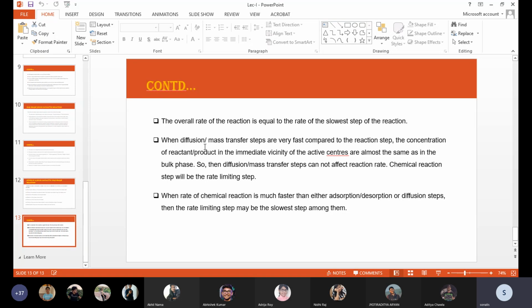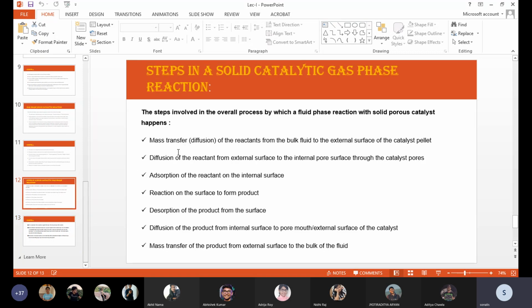Then look, just concentrate on this. When diffusion or mass transfer steps are very fast, among all these steps, the mass transfer steps are very fast. Then what will happen? As the mass transfer step is fast, we can consider that the concentration in the bulk phase is almost equal to the concentration on the catalyst surface.